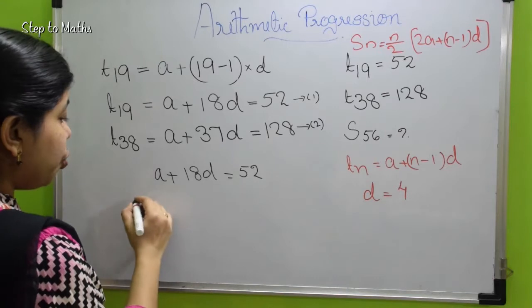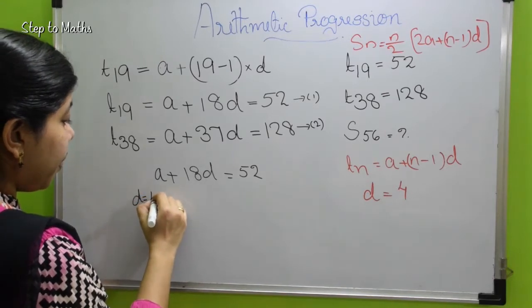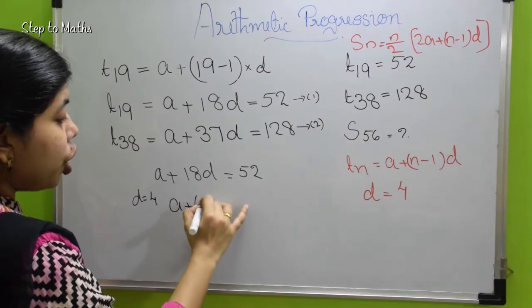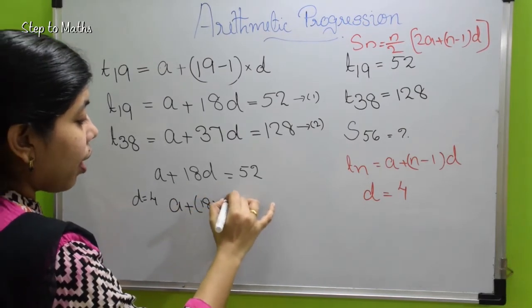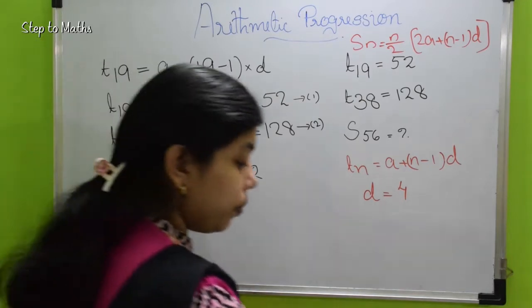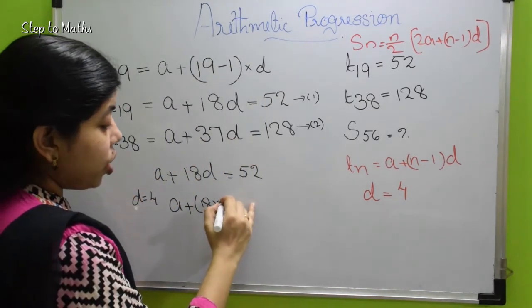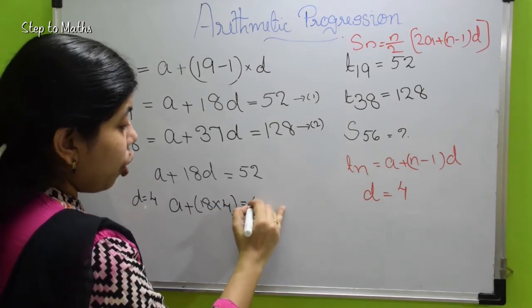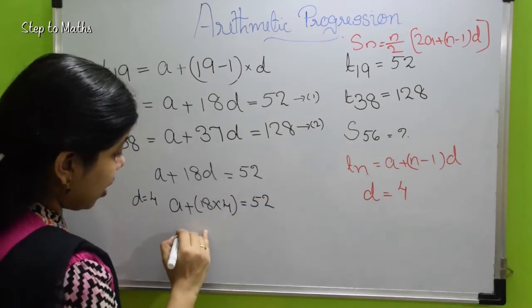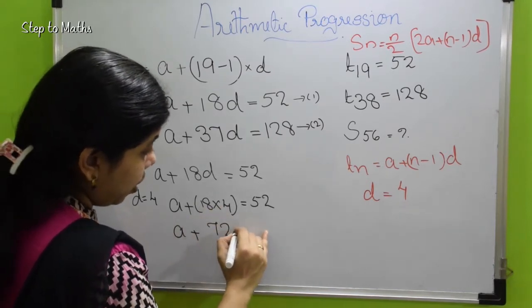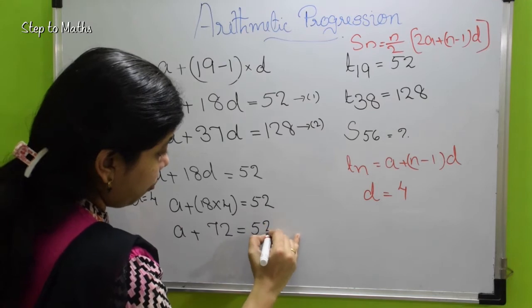When d is 4, a plus 18 into 4, that is 72, is equal to 52.